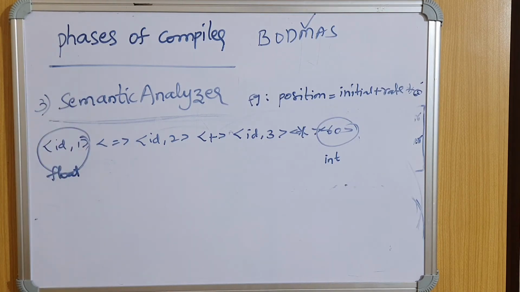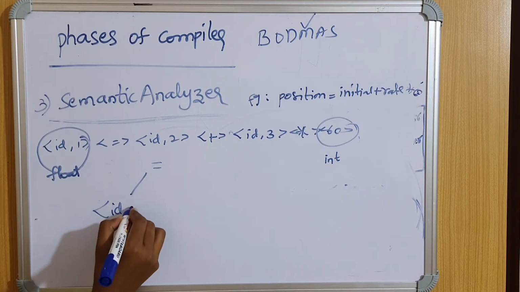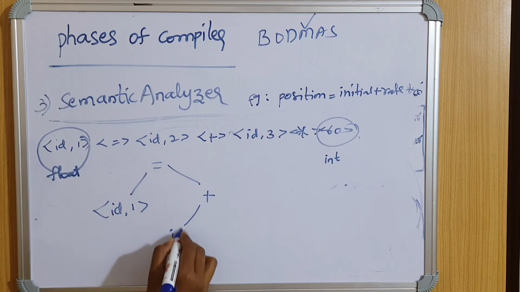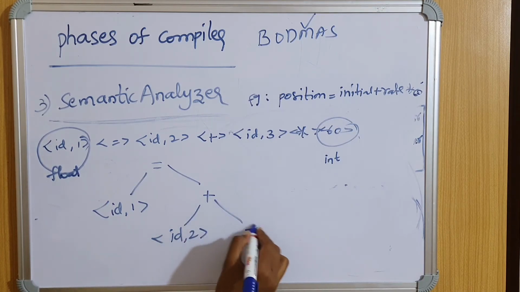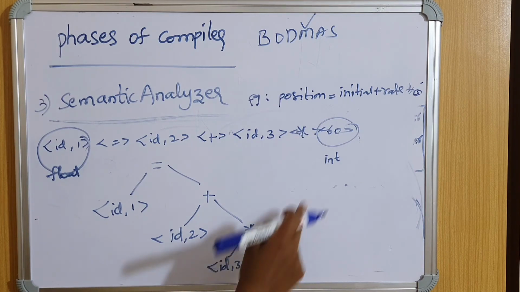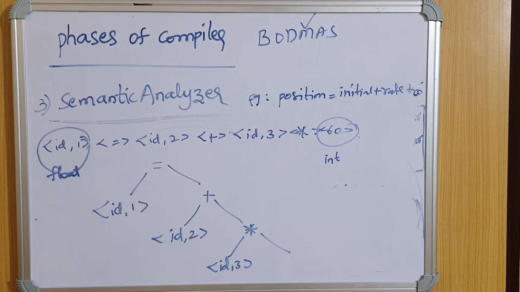To make it correct, what do we have to do? You know how to draw the syntax tree. See here, we have to change the integer value 60 to float. Then the answer is semantically correct.